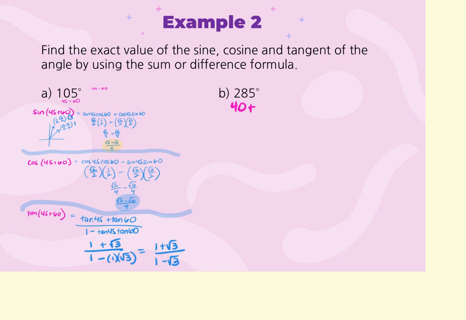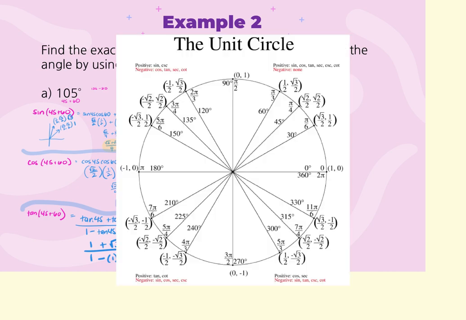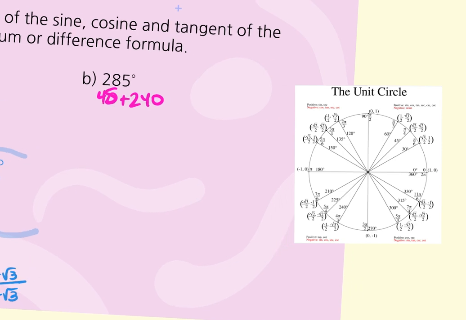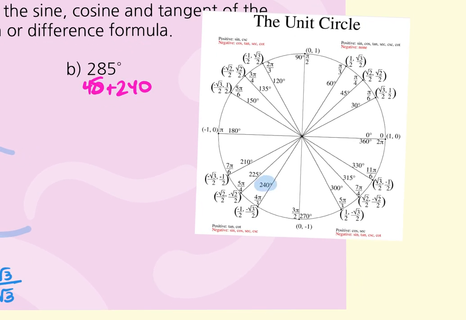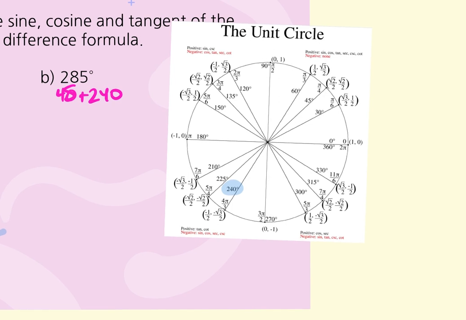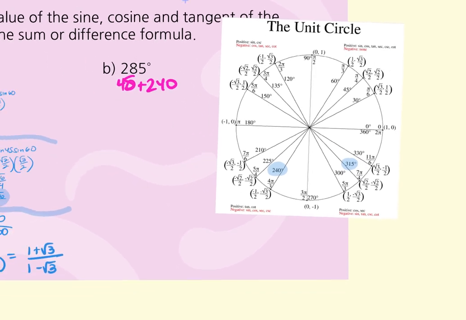Remember, you've got to find angles that are on your unit circle. 240 is on there. You could also have done 315 minus 45 and done a difference. That works too, okay?